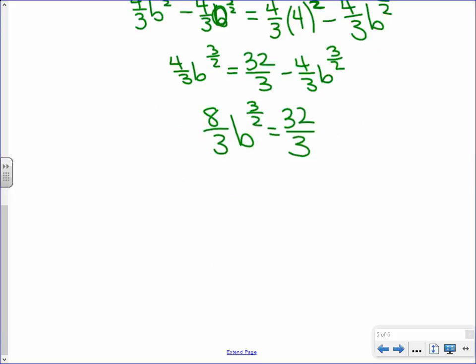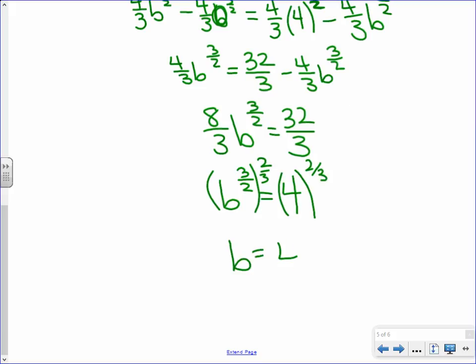If we divide by 8/3, we're left with 4. So b to the 3/2 equals 4. Flashback to Algebra 2. To get rid of a 3/2 power, we need to take the 2/3 power to each side. So our b value is 4 to the 2/3.